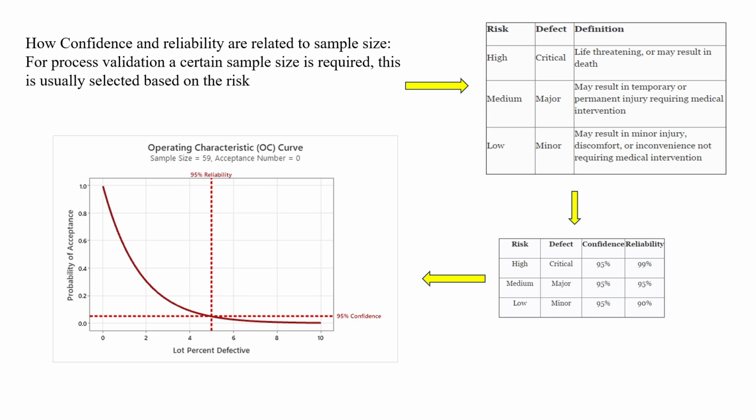If you plot the different sample sizes with C equals 0, you will find that at 59 you get a match for 95% reliability and 95% confidence, your vertical axis and horizontal axis. And that's how the 59 sample size is set for 95-95.